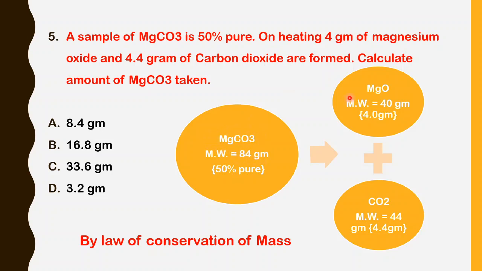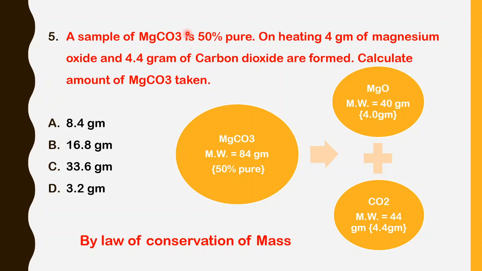It will give you MgO, the molecular weight of MgO is 40 gram, and it will give you carbon dioxide, and the molecular weight of carbon dioxide is 44 gram. So if you just write the reaction that MgCO3 is converting into MgO and CO2, 1 mole of MgCO3 is 84 gram, which gives you 1 mole of MgO, that is 40 gram, and 1 mole of carbon dioxide, that is 44 gram, as per the law of conservation of mass.